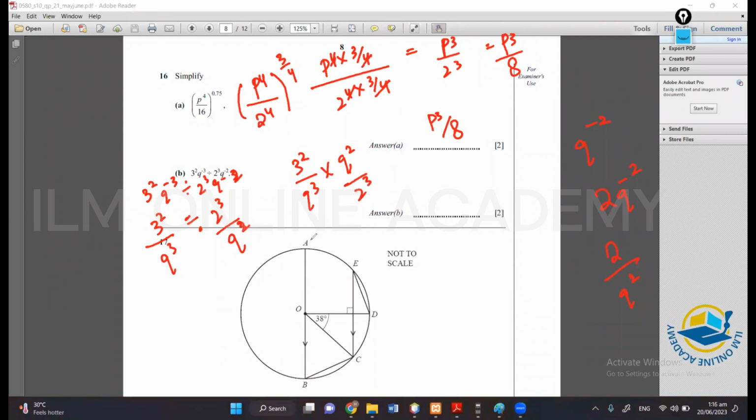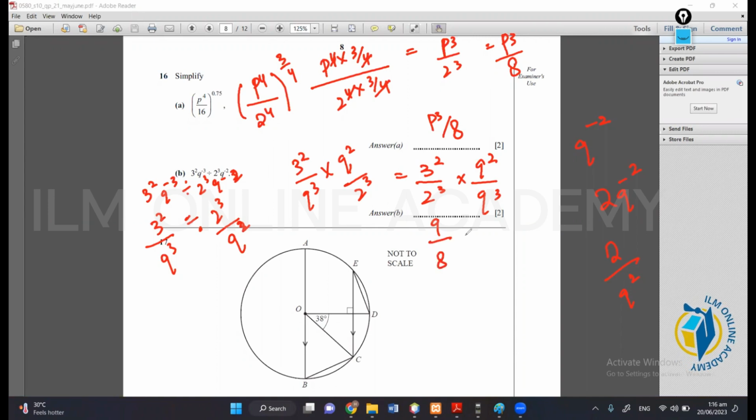So the simplification would be 3 squared over 2 cubed, and q squared over q cubed. 3 squared is 9, 2 cubed is 8, and q squared over q cubed.